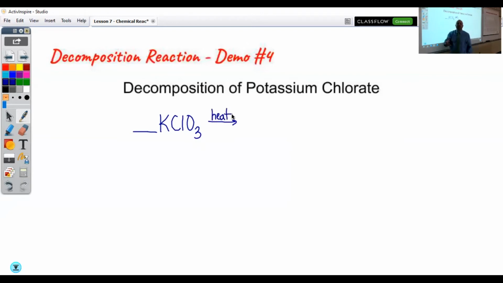So first the potassium chlorate melted, and after that, we basically broke down that potassium chlorate into potassium chloride plus oxygen.